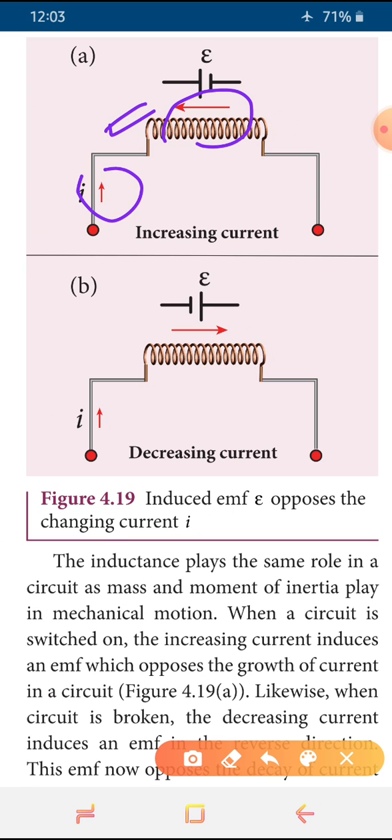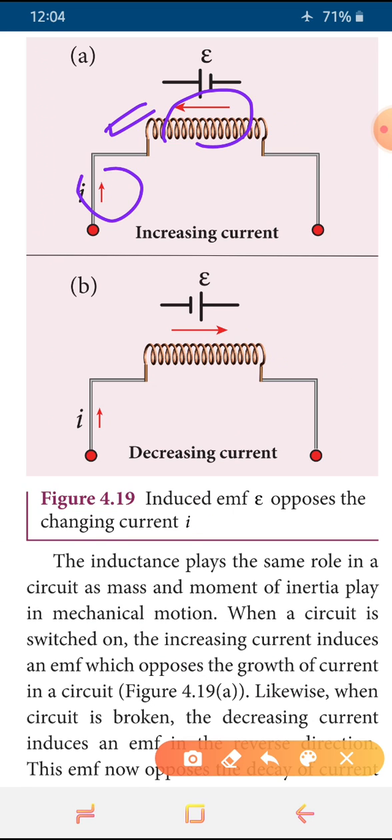When the circuit is switched on, the increasing current in this circuit will induce some EMF in the coil, and this EMF opposes the growth of current in the circuit. At the same time, when we switch off the battery, the circuit is broken and the current is decreasing. This decreasing current induces an EMF, which will be reversed compared to the previous case. Now this EMF opposes the decay of current. It is explained in figure b.